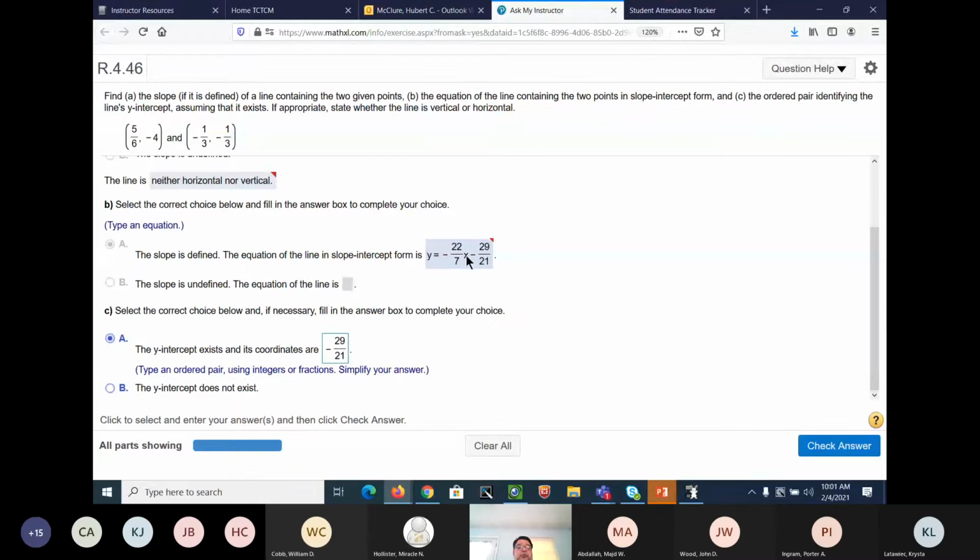The equation of the line in slope-intercept form, it says right here, select, fill in, if you plug in 0 for x, you get negative 29 over 21. So I don't know what they're wanting.